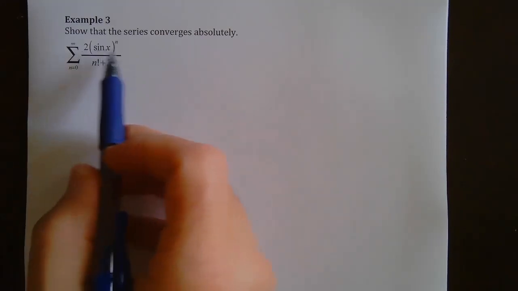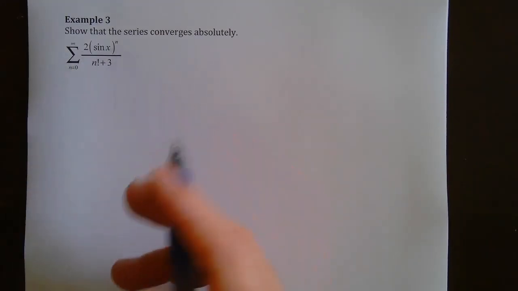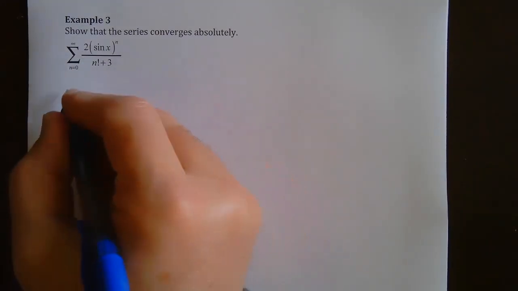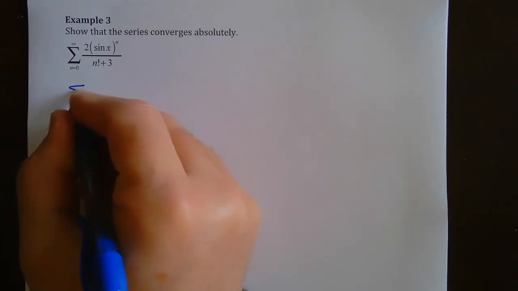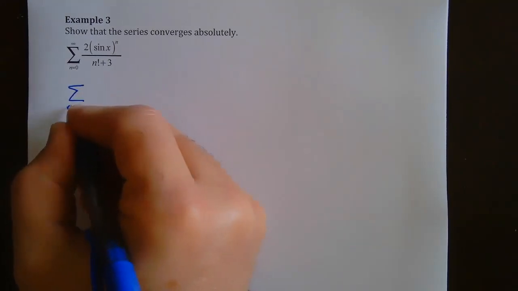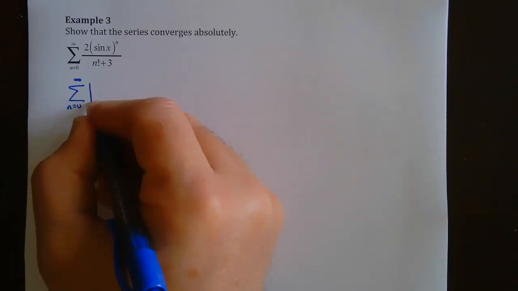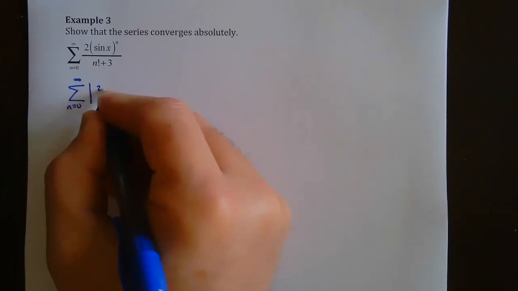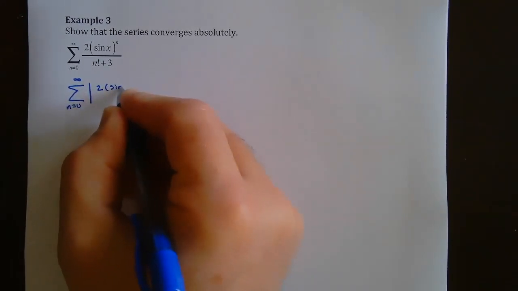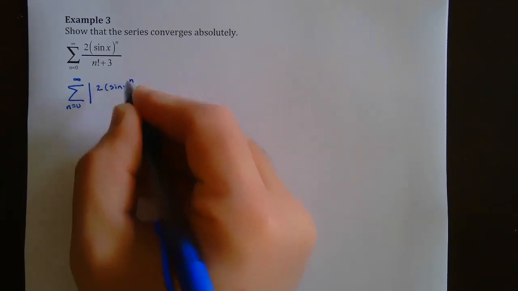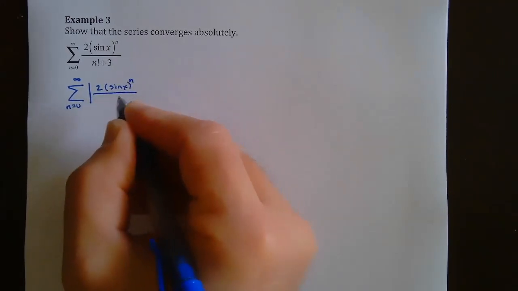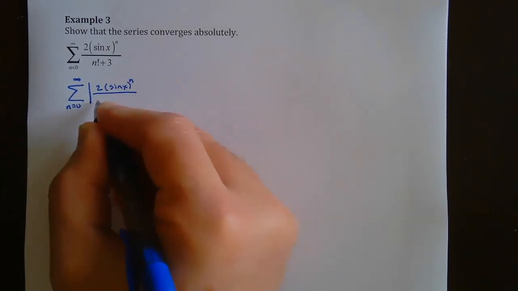For example 3, we want to show the series converges absolutely, which means I'm going to have to take the absolute value of this nth term, right? So we want to write the sum from n equals 0 to infinity of the absolute value of 2 times sine of x, raised to the n, over n factorial plus 3.